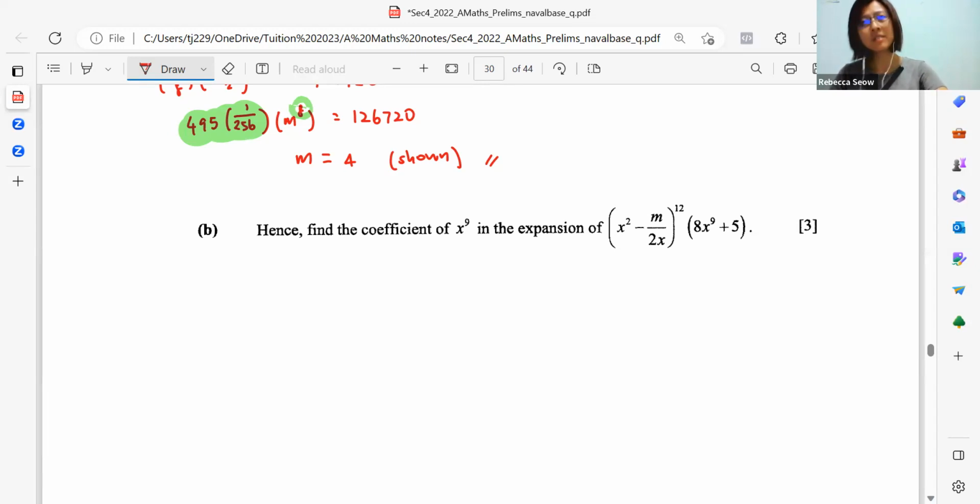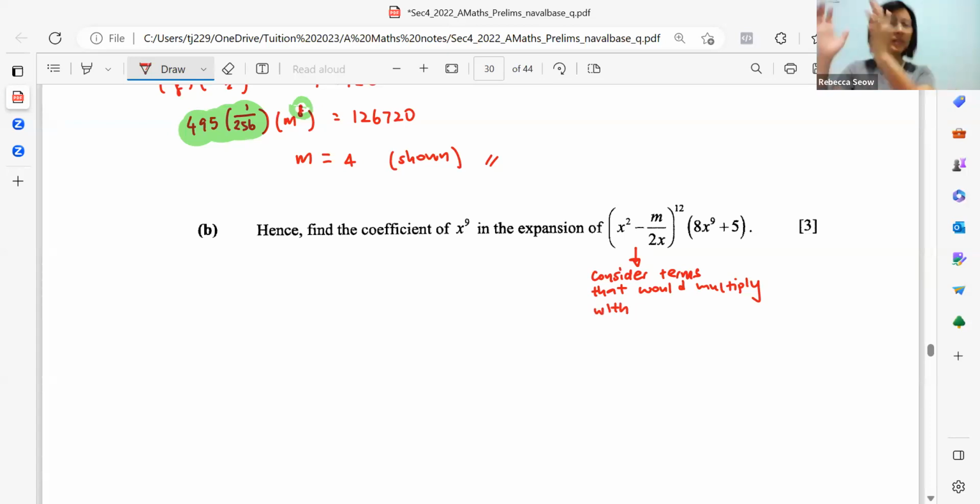So let us consider, in the entire expansion of this first part, the terms that would multiply with each of the terms within the second bracket to give an x to the power of 9 term.